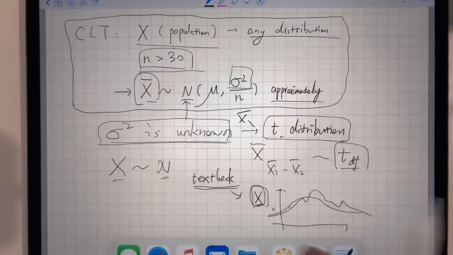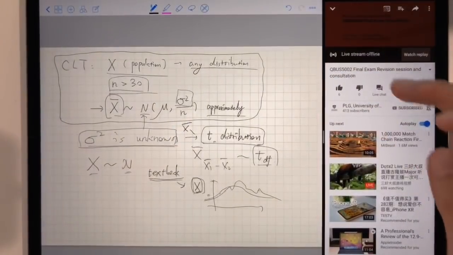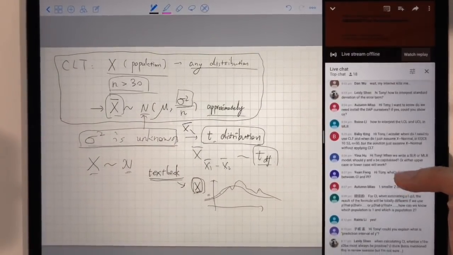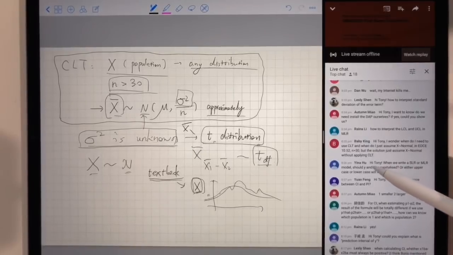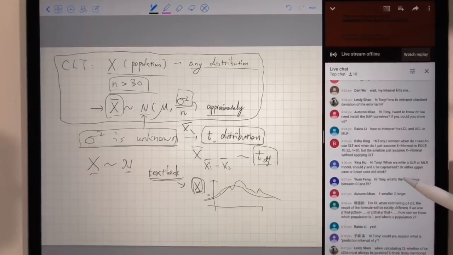All right, let's see more of your chats. What else? Let's look at a question from Ina Hu, okay? Ina Hu is asking, hi Tony, when we write a simple linear regression or multiple linear regression model, should y and x be capitalized, or either uppercase or lowercase will work?